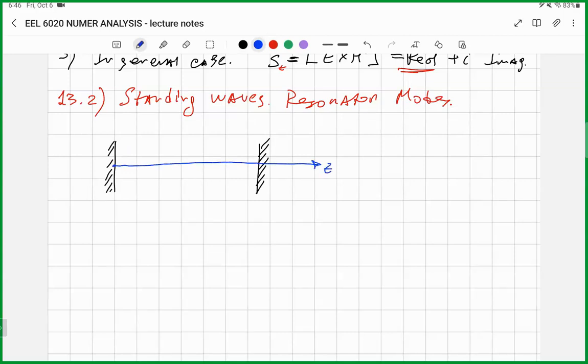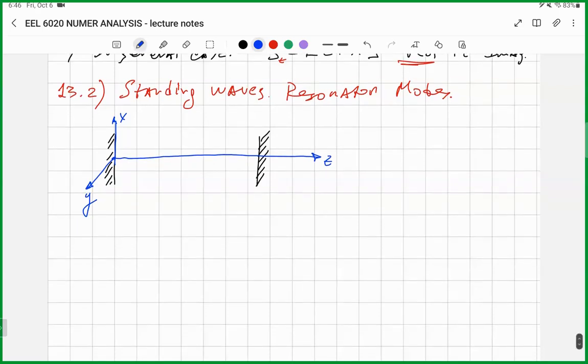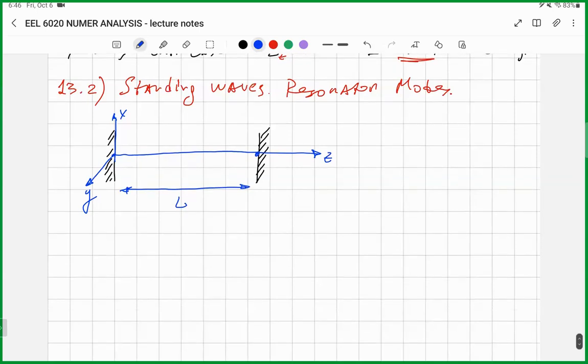This one is Z, this one is X, and this one is Y. By the way, I assume that the space between the mirrors is equal to capital L. So these walls are mirrors.